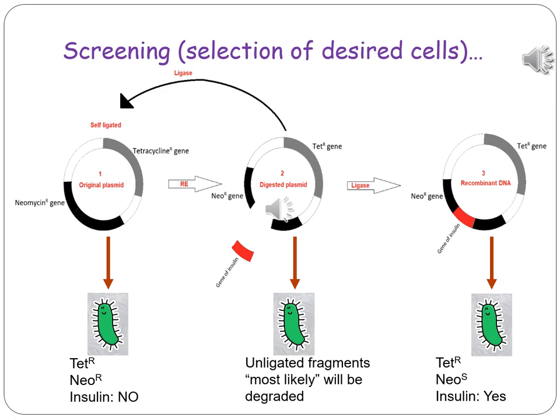We know that if the cells took the recombinant DNA, they will be sensitive to neomycin, while if they took the original plasmid or the self-ligated ones, they will be resistant to neomycin. This method is called selection of desired cells, or the screening. We want to screen which cells have the recombinant DNA.